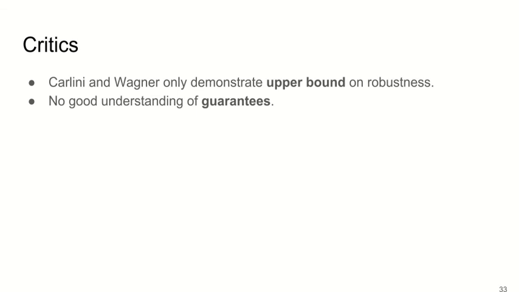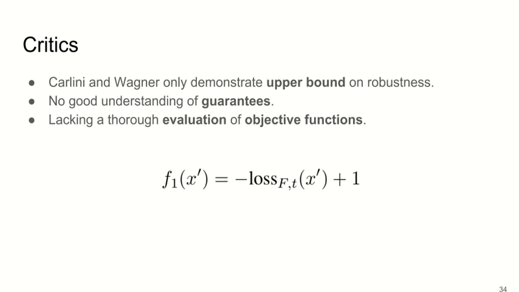Third point here is that the authors didn't evaluate the objective functions very thoroughly. For example, they introduced this objective function f1, where you use the negative cross entropy loss on the perturbed image, and then you add 1.